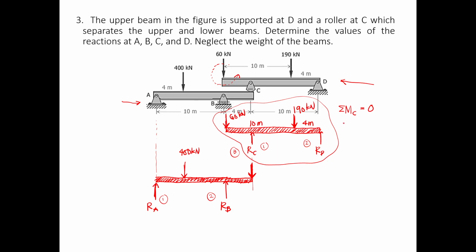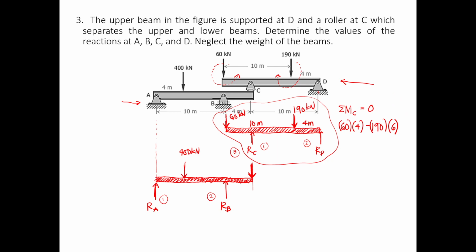Since counterclockwise is positive, that will be 60 times 4 meters. The next is the 190 kilonewton force. Since it's on the right of point C, it will create a clockwise rotation, and this will be negative. So negative 190 times the distance, 10 minus 4, that will be 6.